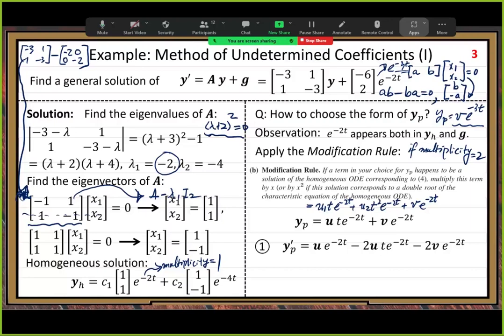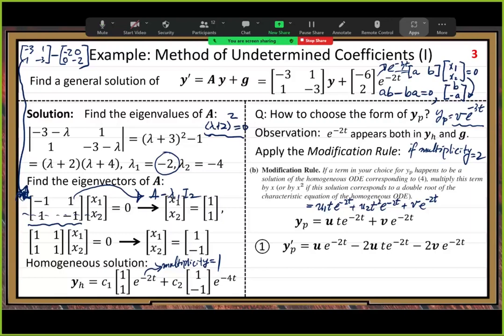So the derivative of t is 1 times this e function, u times e function, and then the derivative of the e function, the second term. Then the derivative of the v term.